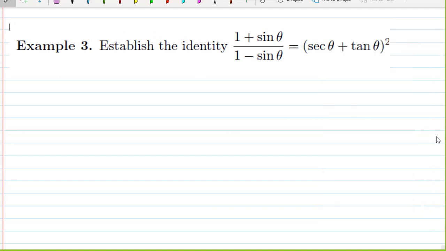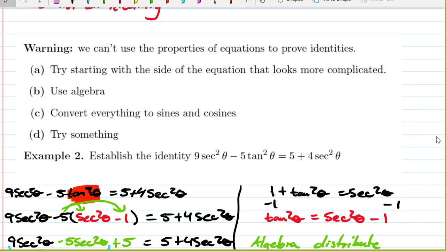We wish to establish the identity (1 plus sine theta) over (1 minus sine theta) is equal to (secant theta plus tangent theta) squared. All right, so looking back at our hints, it says try starting with the side of the equation that looks more complicated.